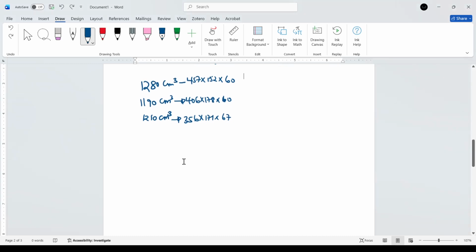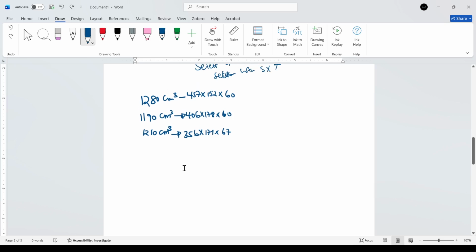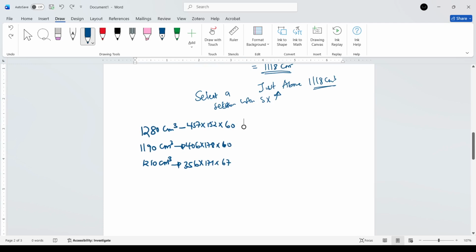Okay. So we need to select and see which one is favorable. So something you need to know about these sections is that 457, those are the sizes. 60, 67 is the mass. We are talking about the mass per meter, mass per meter in kilograms. This one 60, 67.